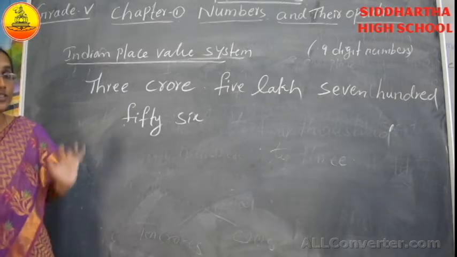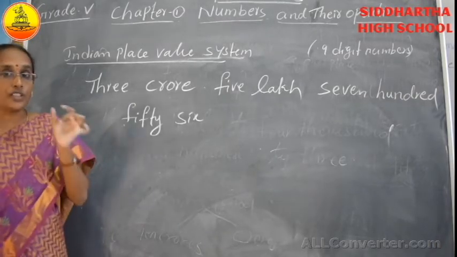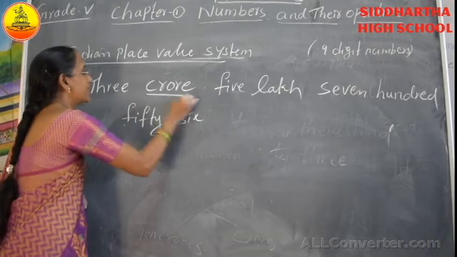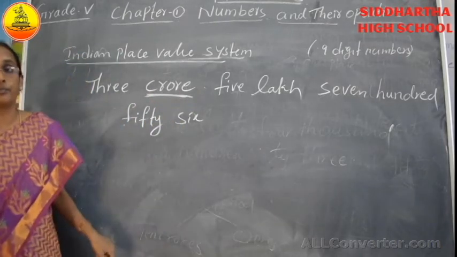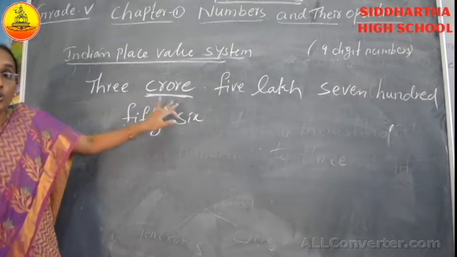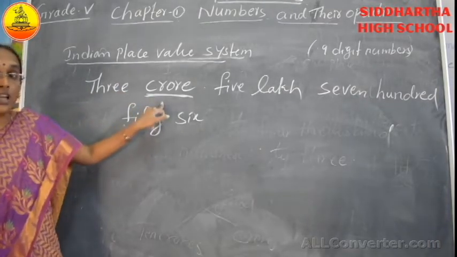First, while you are reading the number name, observe which period the number starts with. Which period here? 3 crore. Crore is the period.